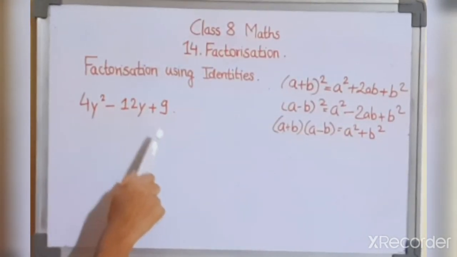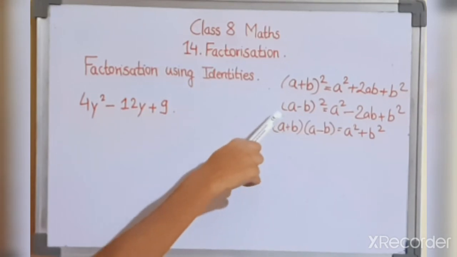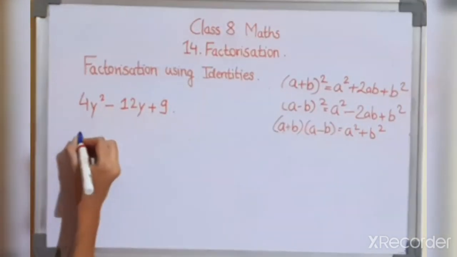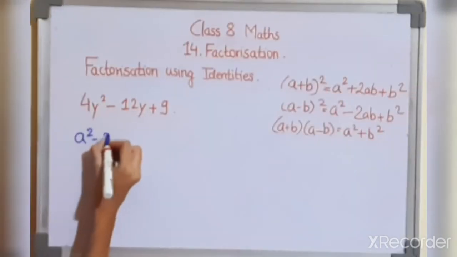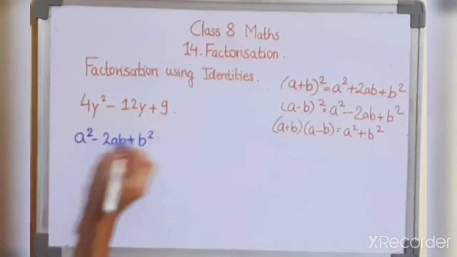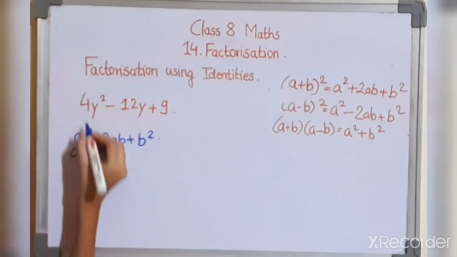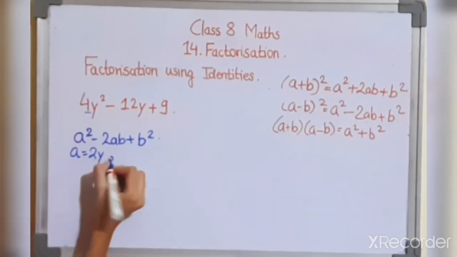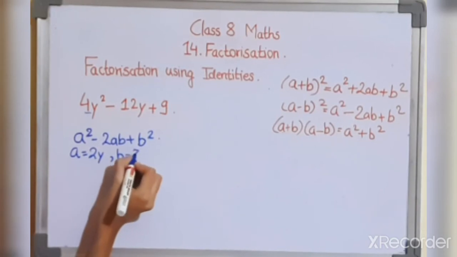So this is of the type of the second identity that we are going to use here. So the expression is of the form a square minus 2ab plus b square, where a is equal to 2y and b is equal to 3.